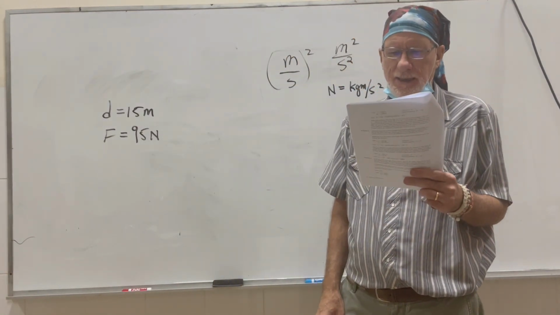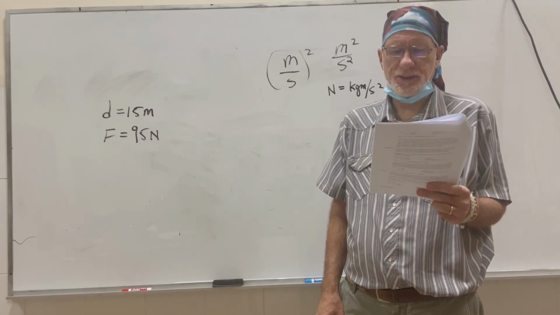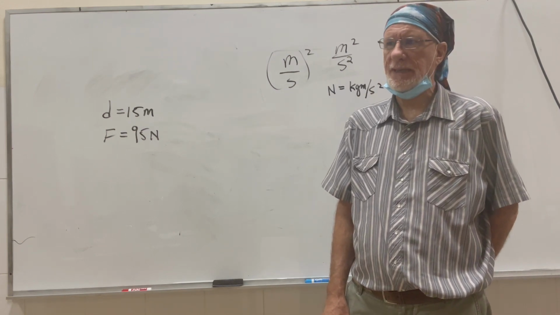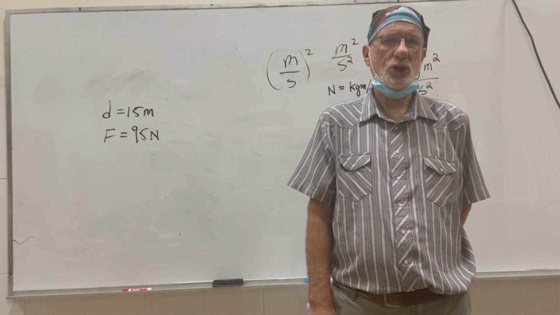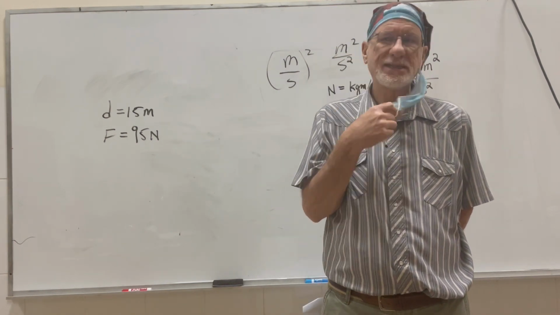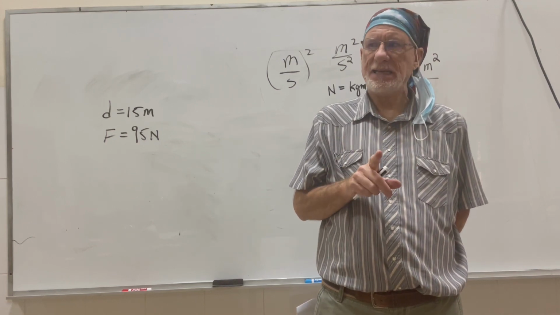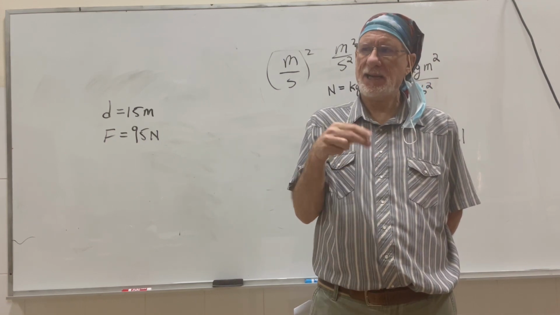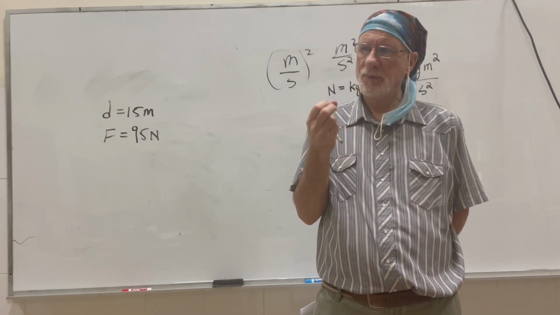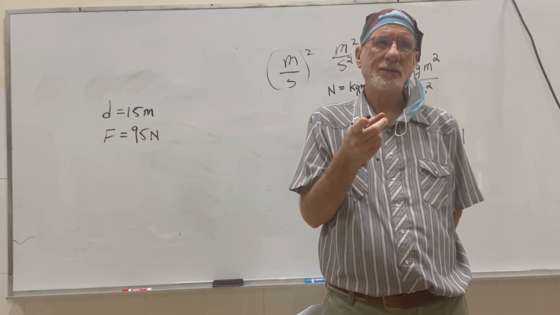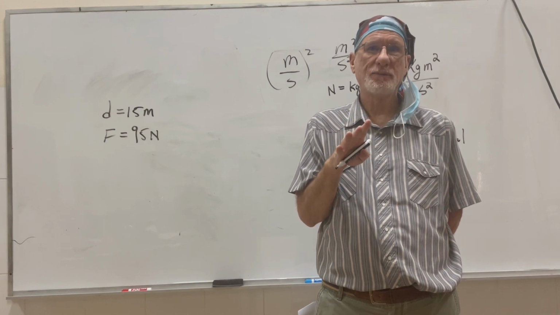So he's dragging it at a constant speed. They don't tell you what that speed is, just that it's constant. What are they telling you when they say it's at a constant speed? They're telling you that the force you're applying is the force that's overcoming friction.